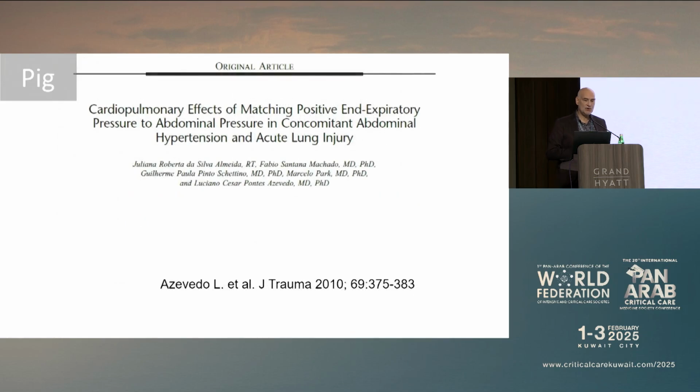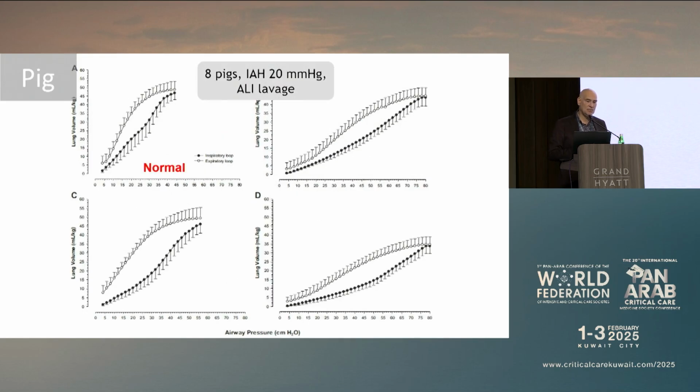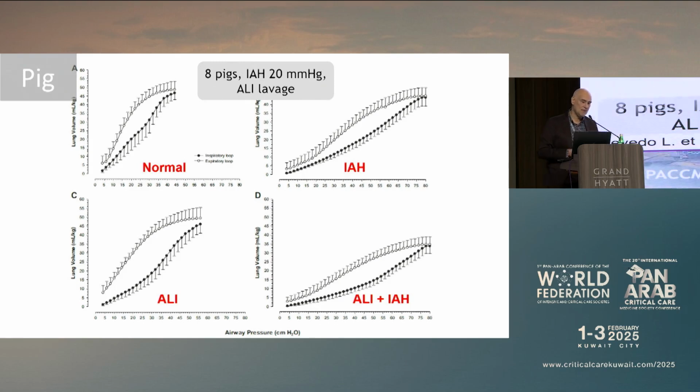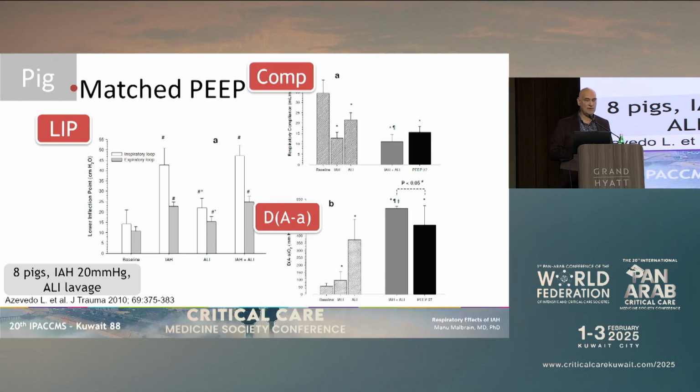Then there was another study by Luciano Azevedo where they matched the PEEP. You can see there that without injury, with hypertension, with injury, and with both, you see a rightward, downward shift of the PV curves.